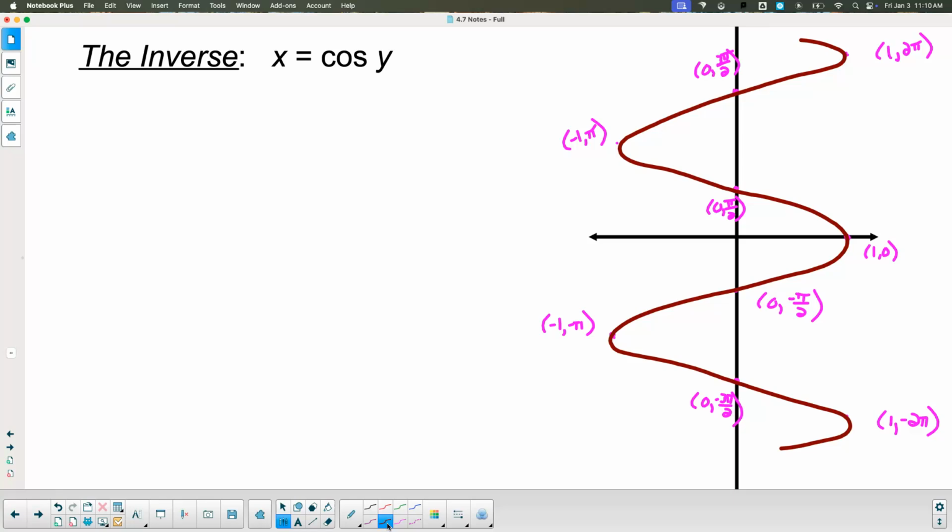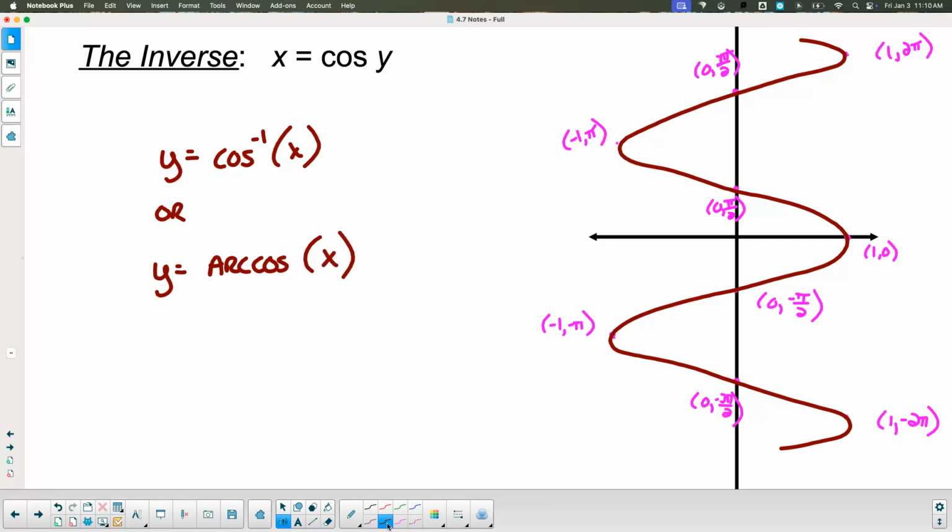Yes? Okay? All right. So, how do I make y equals inverse cosine of x, or y equals arc cosine of x, be a function? Well, I'm going to restrict parts of the domain, or excuse me, I'm going to restrict parts of the range.